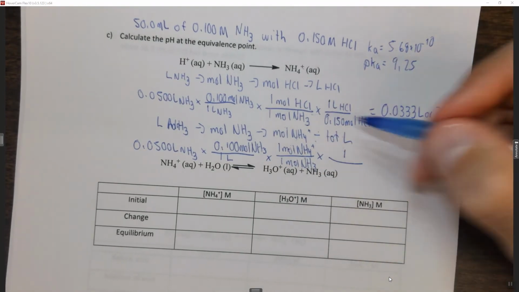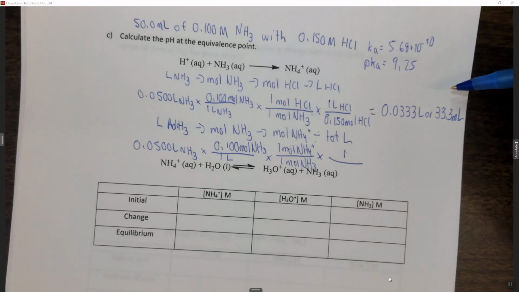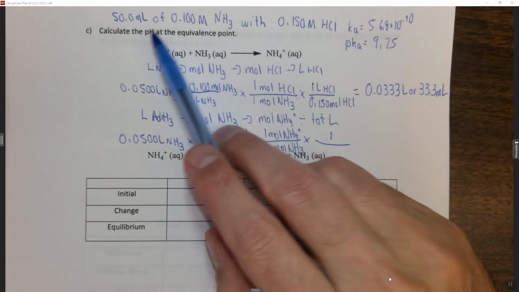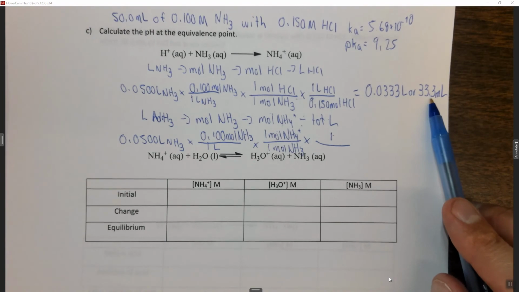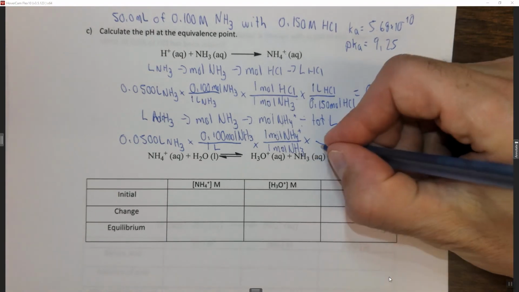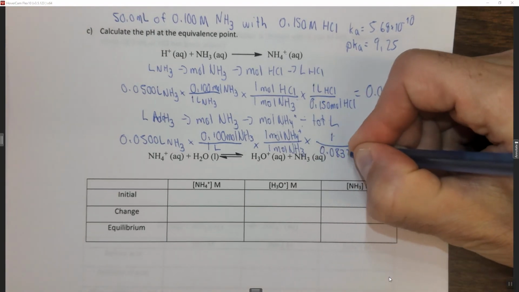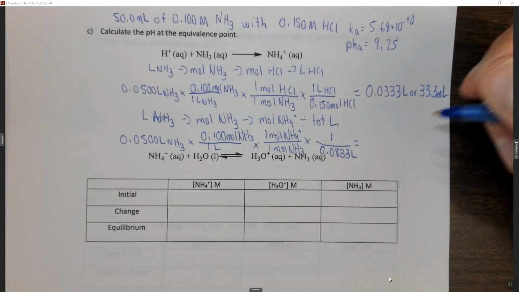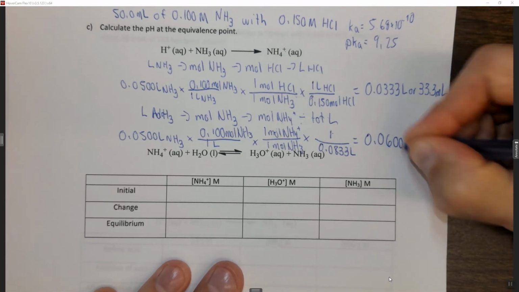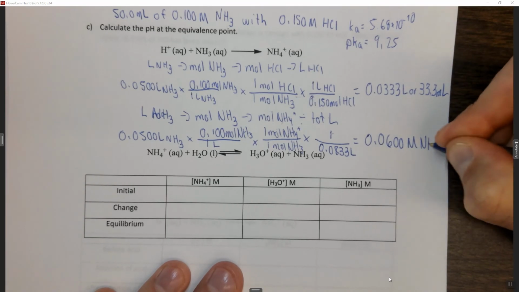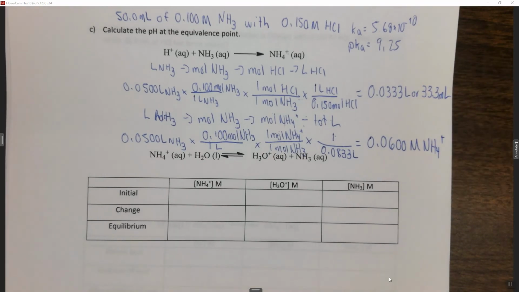We put a unitless 1 on top, that moves the moles over, and then we divide by the total number of liters. The total number of liters is the 50 milliliters plus the 33 milliliters, which is 83.3 milliliters, which is 0.0833 liters. And when we do that math, we find that it's 0.0600 molar NH4 plus.